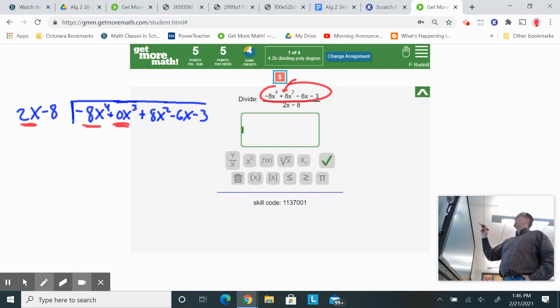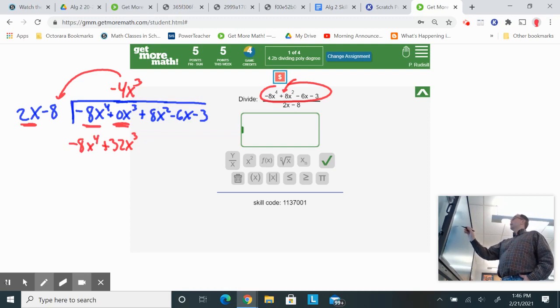So I need a negative 4 times 2 is negative 8. And I need x to the third. So negative 4x to the third would be written here. And you would multiply that times a minus 8 or negative 8, which is what, 32x to the third? It's positive. And then negative 4x cubed times 2x would be negative 8x to the fourth.